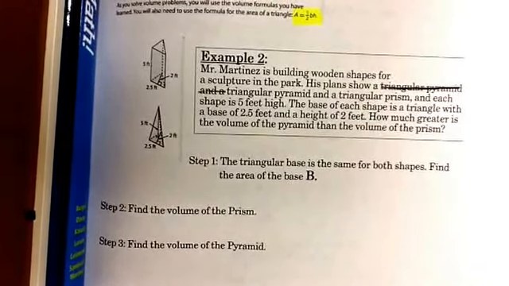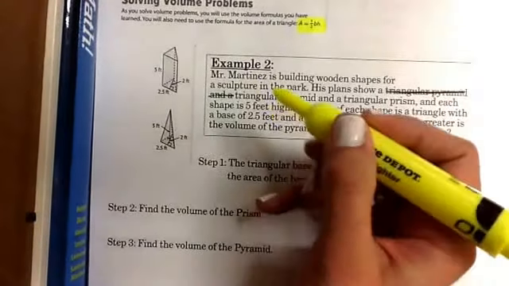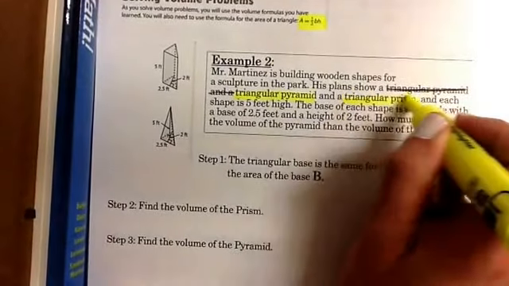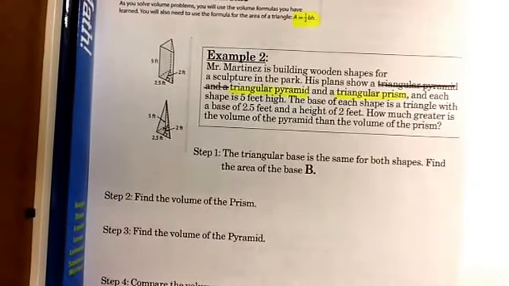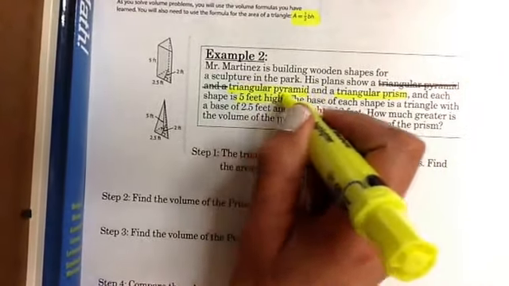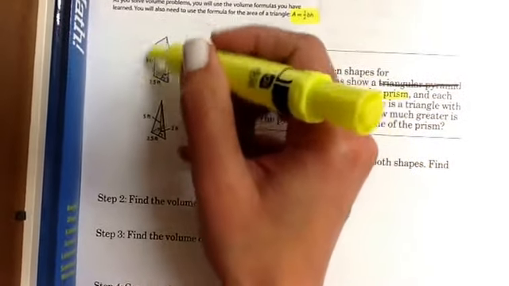So we're going to highlight what's important in this problem. First of all, we're talking about a pyramid and a prism. Okay, so he's going to build a sculpture. He has plans for both. Each shape is 5 feet high, so they both have a height of 5 feet, and it shows that here.